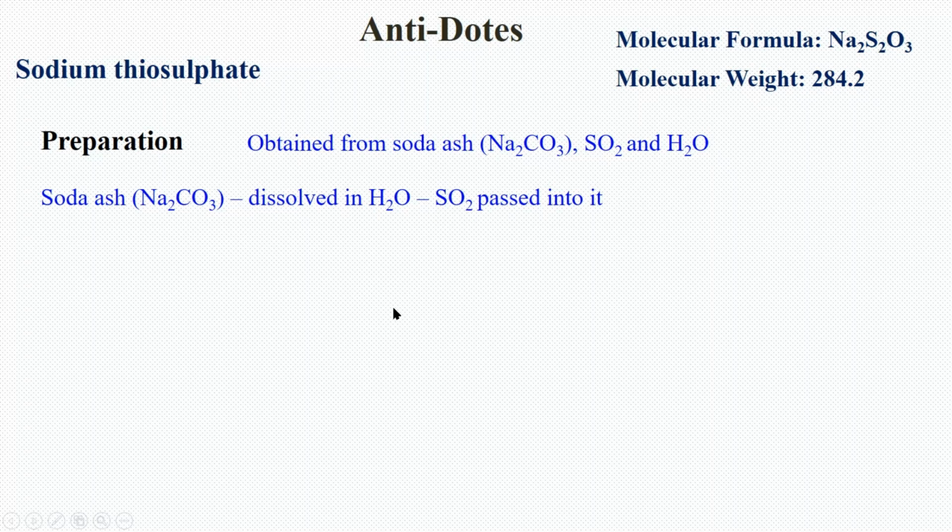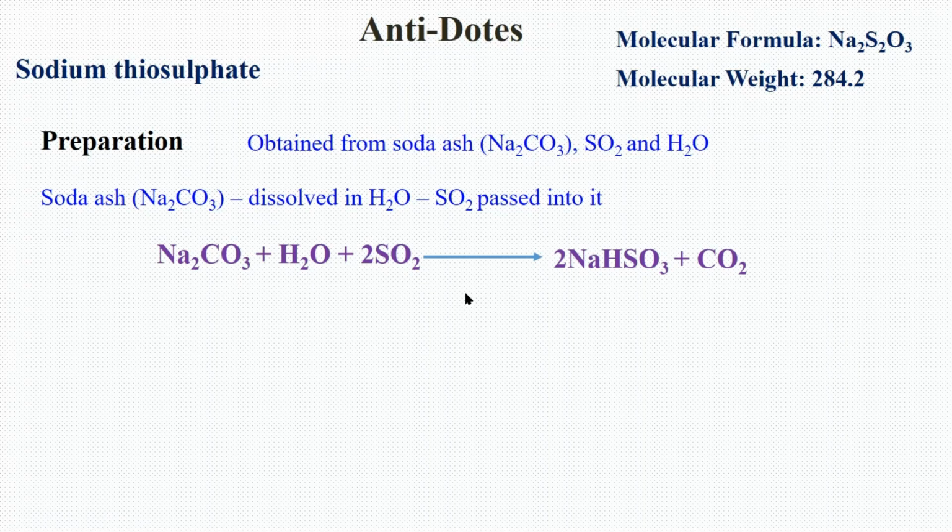When you pass sulfur dioxide gas into sodium carbonate solution, a reaction takes place to give rise to sodium bisulfite, or sodium hydrogen sulfite, with the liberation of carbon dioxide.